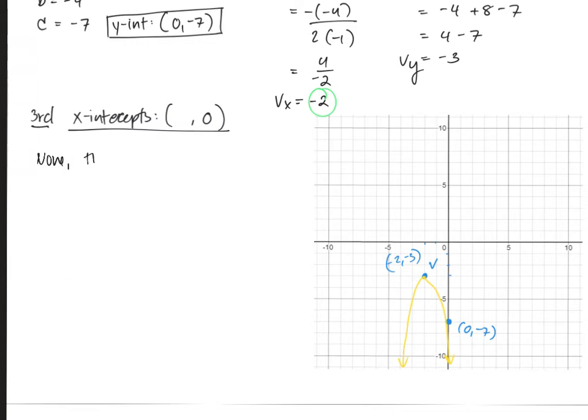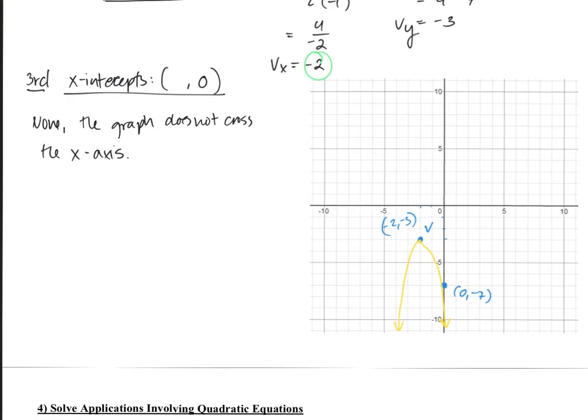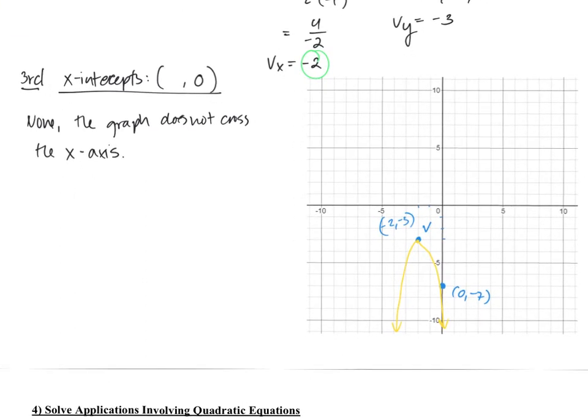The answer would be the graph does not cross the x-axis. So what would have happened if you tried to solve for the x-intercept? You would have ended up with an imaginary number. And you would have spent a lot of time on your exam worrying about this.